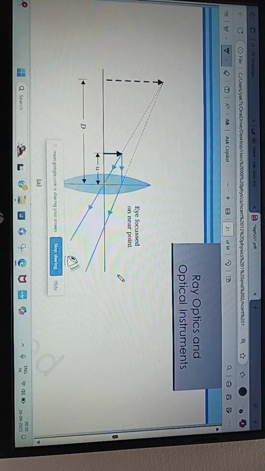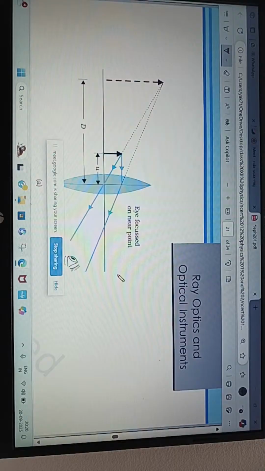Okay, sir. When you have myopia, which lens should be used? Concave lens, sir? But here convex is there. Okay, convex for hypermetropia, sir.